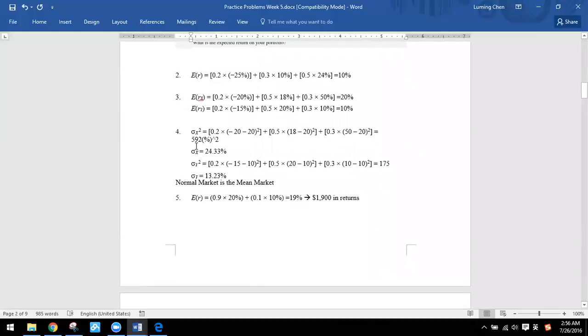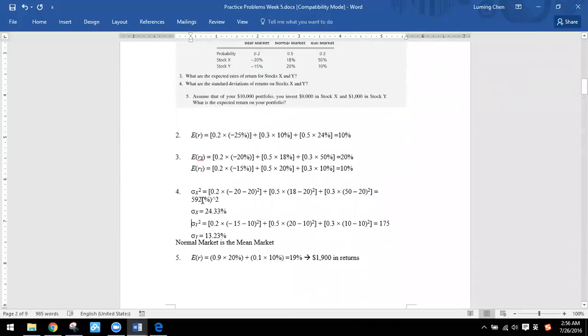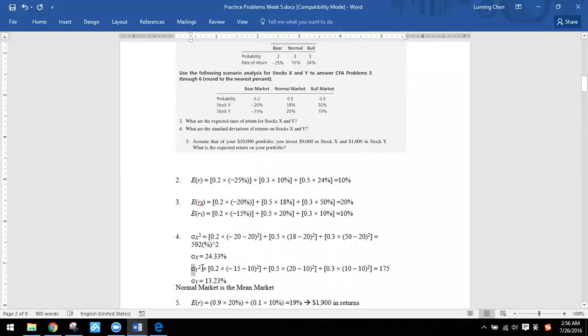Using the same calculation, the expected variance of stock Y is 175. If we take the square root, it's 13%. Note that the key here is that normal market is the mean market.